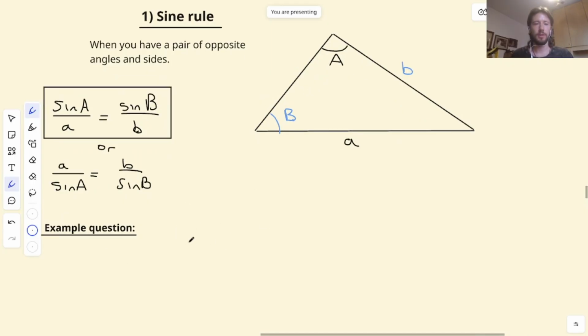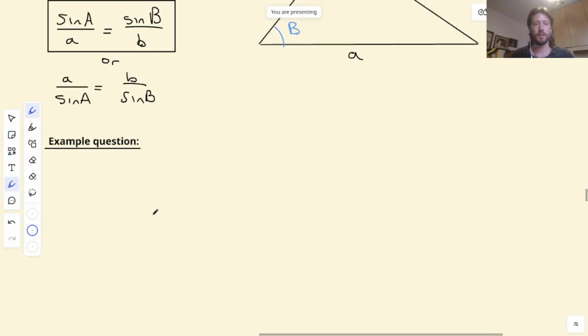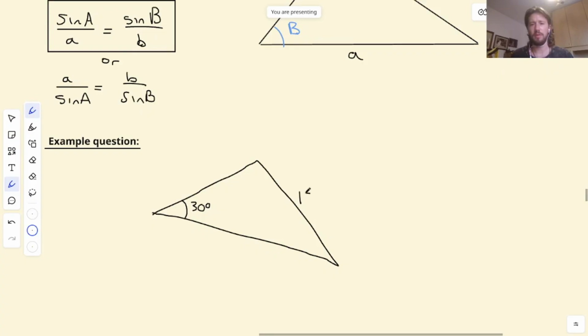So how do we use it? Well, let's draw a triangle. Any triangle will do, so I'm just going to draw a random triangle like this. Now, if we have, let's say, an angle here, 30 degrees, and let's say the opposite side of that angle is 15.